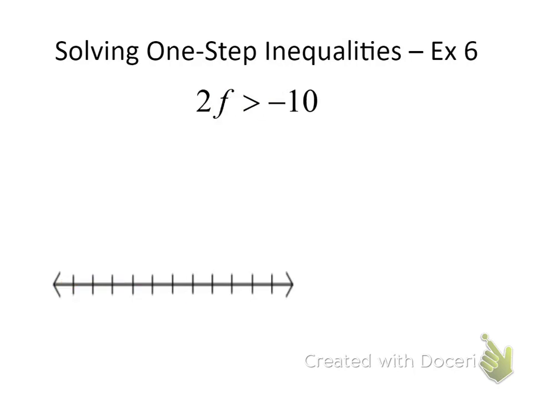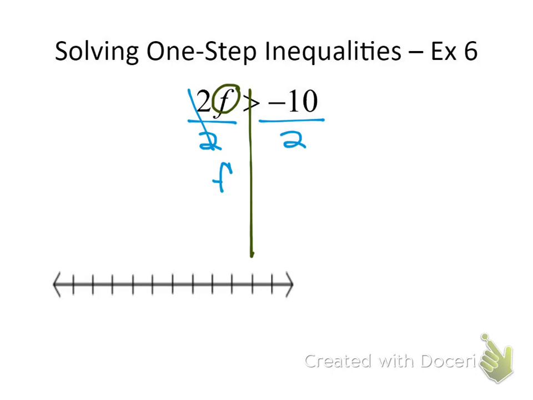All right, example number 6. So I have 2f is greater than -10. Pay attention to this one. How do I get the f by itself? Divide by 2. It's a positive number, right? So because I'm dividing by a positive number, do I flip my inequality sign? No. Even though on the right side is a -10, that negative has nothing to do with our determination of whether we flip the inequality sign. So I'm going to bring down my f.